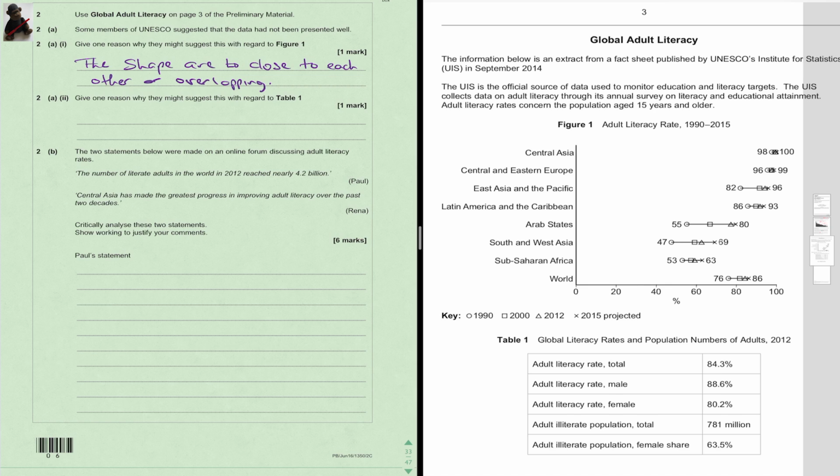Another reason. Give one reason why they might suggest this with regard to table 1. So in table 1, some data were not shown or were missing, such as the population.